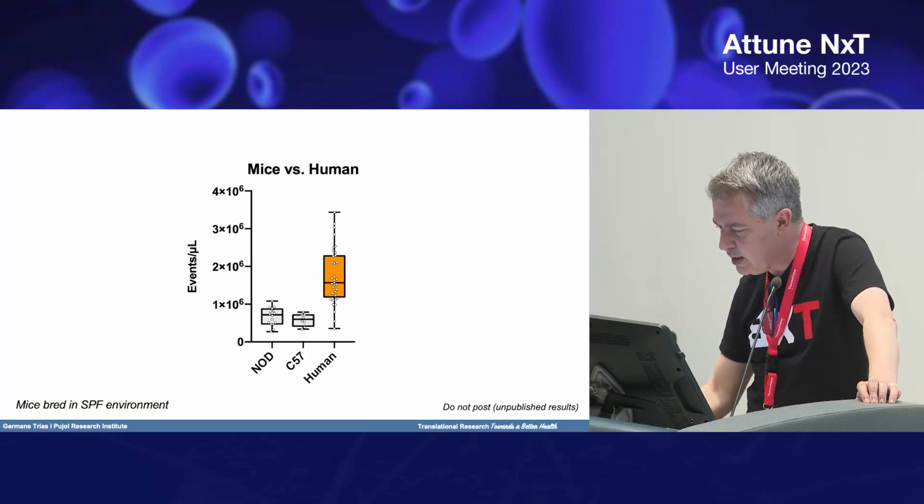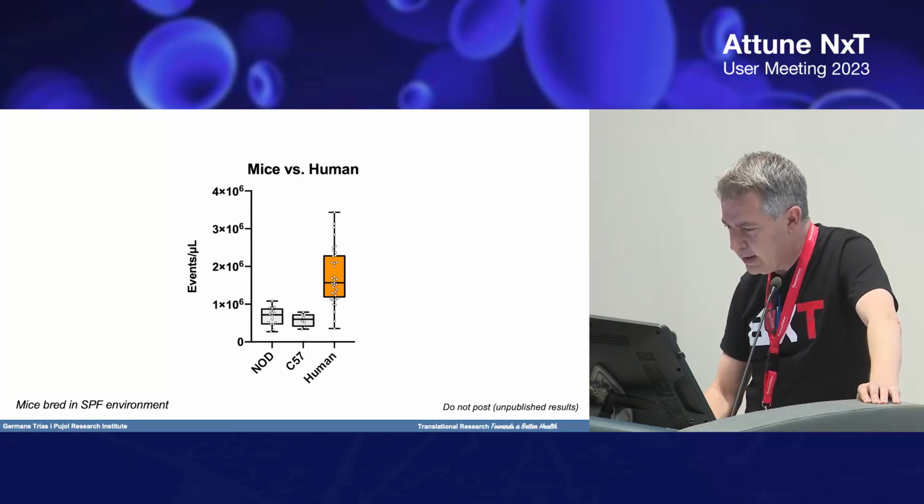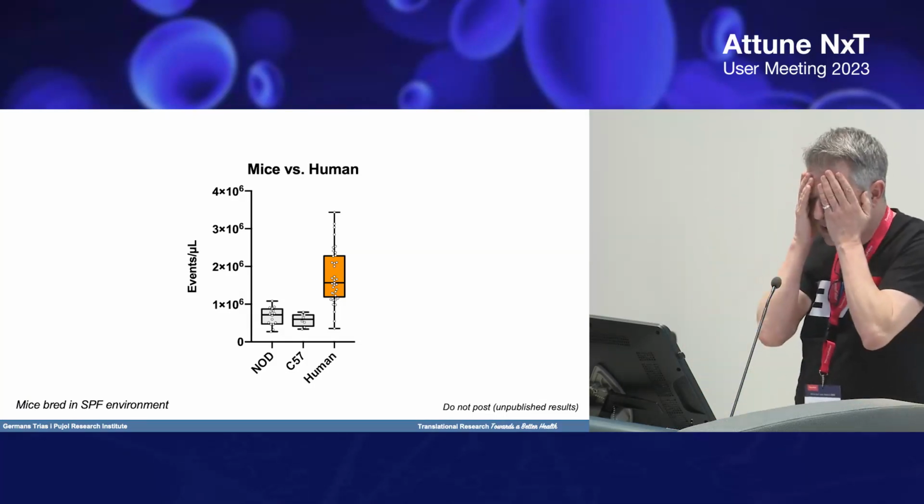And as you can see here, this variation is significant. The NOD mice and the C57 mice are accumulating less plastic when compared with humans, and this is, I think, very worrying.